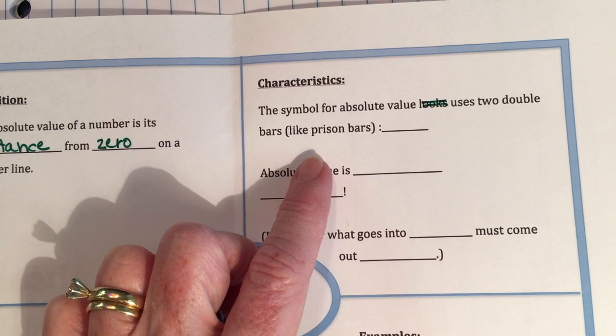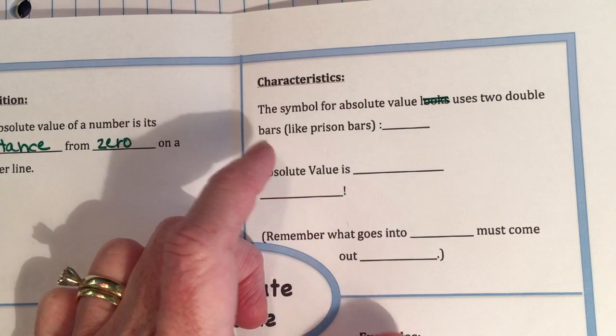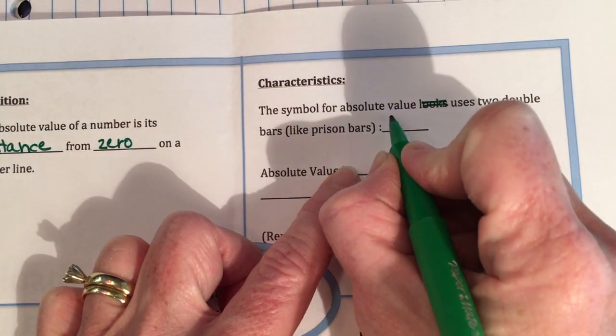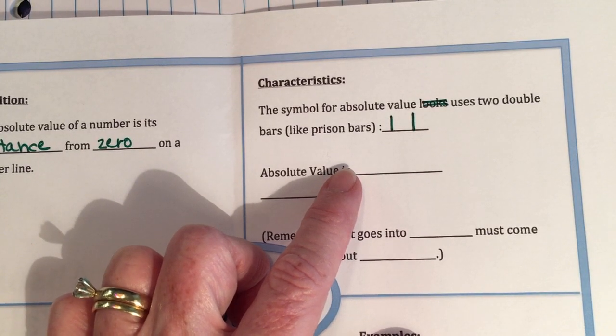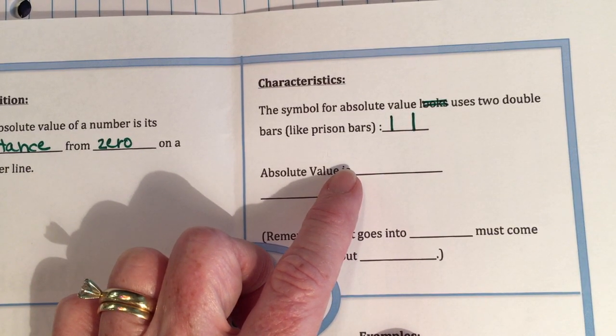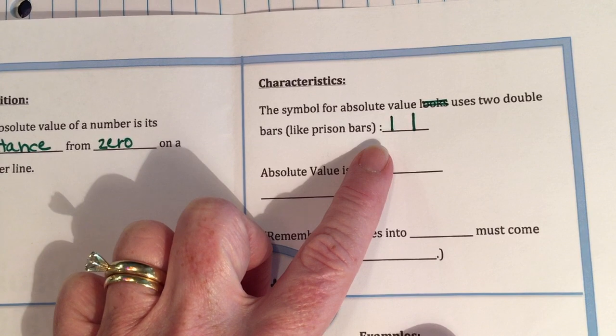All right, so one trick we use sometimes to remember absolute value is that those parallel bars, I'll draw them here, look like bars in a prison, like if you were in jail and you couldn't get out. All right, and that helps us to remember absolute value because you probably went into jail because you did something wrong.